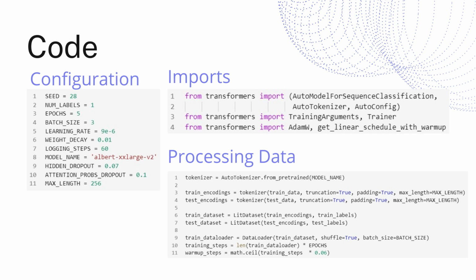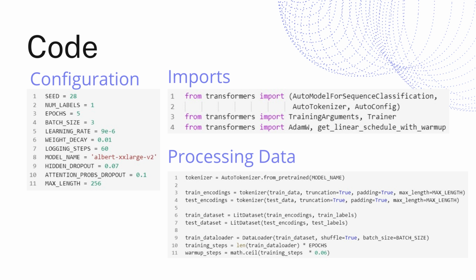We set the seed to 28. Num labels is 1 since it is a regression problem. The epochs is set to 5. Batch size is 3. The learning rate is again quite small, 9 into 10 raised to minus 6.